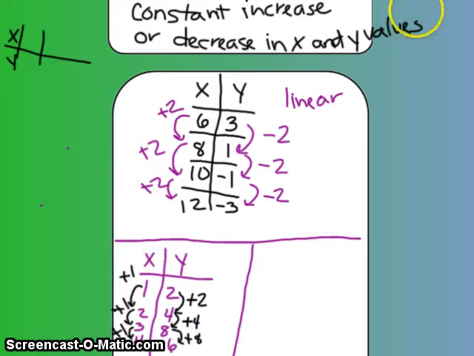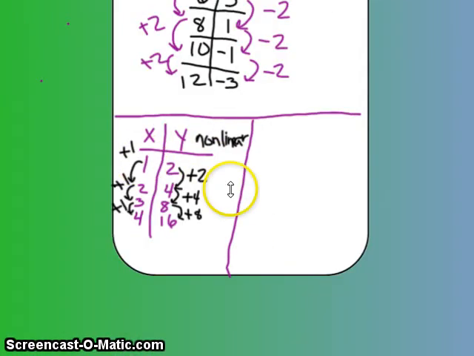So since every time we add 1 on the x, we're not adding the same thing on the y. It's not add 1, add 2, add 1, add 2. It's add 1, add 2, add 1, add 4, add 1, add 8. Since those aren't the same, this is nonlinear. Okay, it has to be constant between the two.